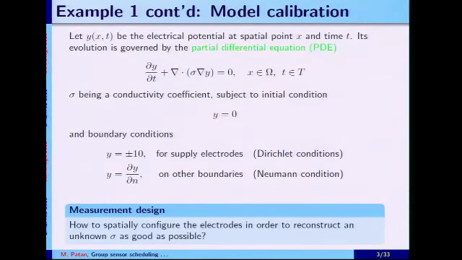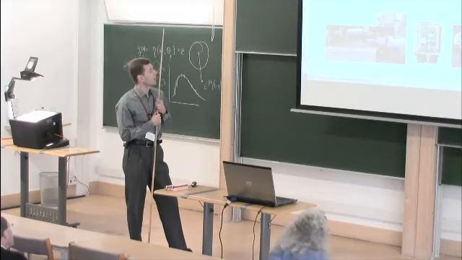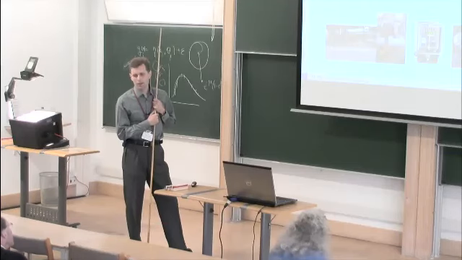Of course we can go further: we can configure not only spatially but also where in space and time to put the sensors, the measurement electrodes, in order to obtain as good as possible reconstruction of the unknown parameter. It may be even more difficult because it quite often happens that the system is very sensitive to sampling.